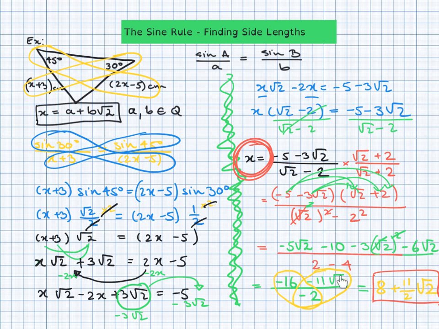And if you go back to the beginning of the question, it says to find x in the form of a plus b times √2. A and B are rational numbers, which means they can be written as fractions, and this would be our answer. All I have to do now is add my units here, centimeters, if you can see.